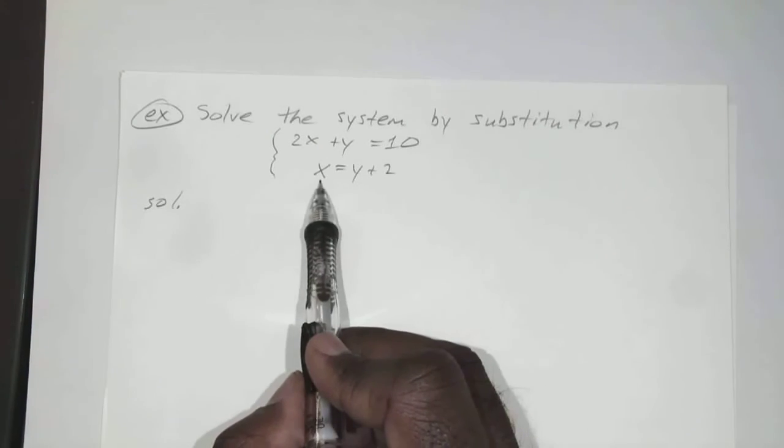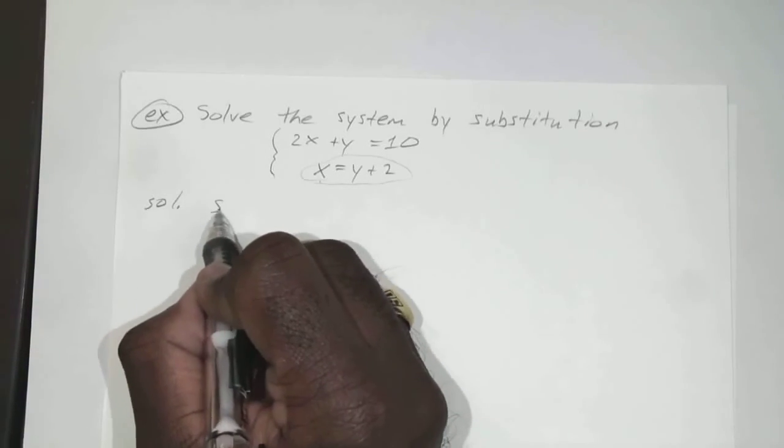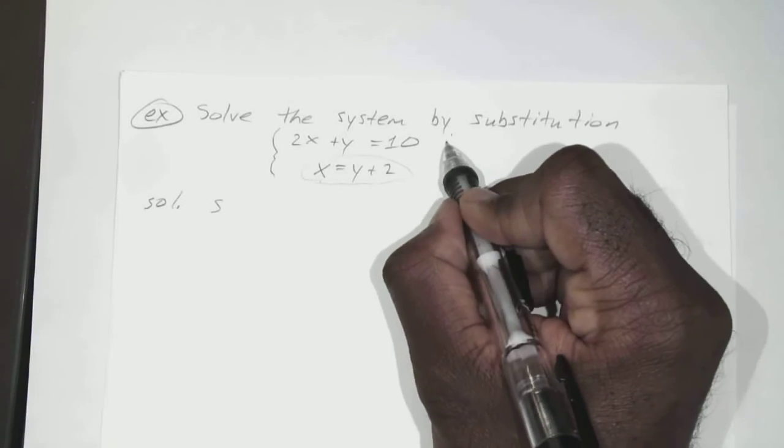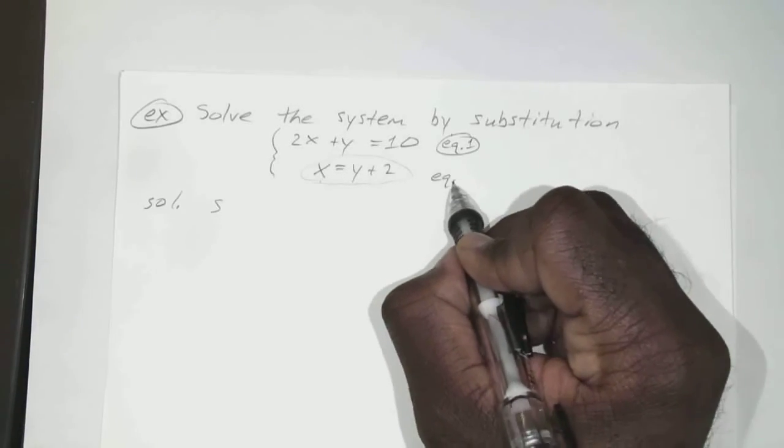Now here we can see the second equation is x equals y plus 2. And just to clear it up, we'll call this equation 1 and this one equation 2.